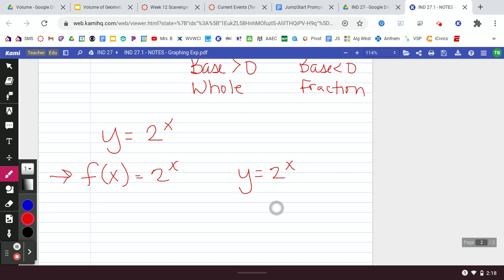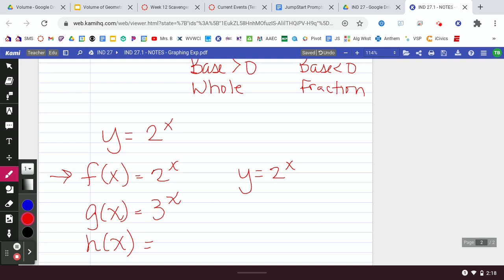The f of x, the f part is just its name. You could have f of x, a g of x, an h of x. It's just like having a name. The only reason you would have them is if I wanted to compare two of them and said, tell me what g of x says, and you could look up and see which one is the g.